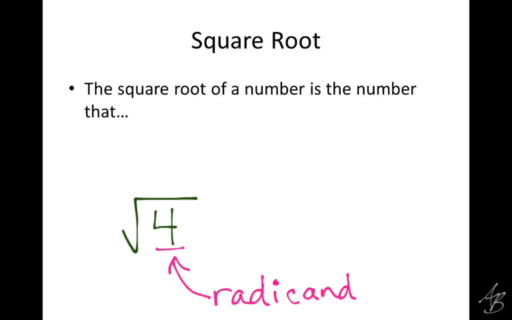Okay, so now that we know that, I think we can finish this sentence a little bit better. The square root of a number, the square root of 4, is the number that multiplies by itself to get the radicand.